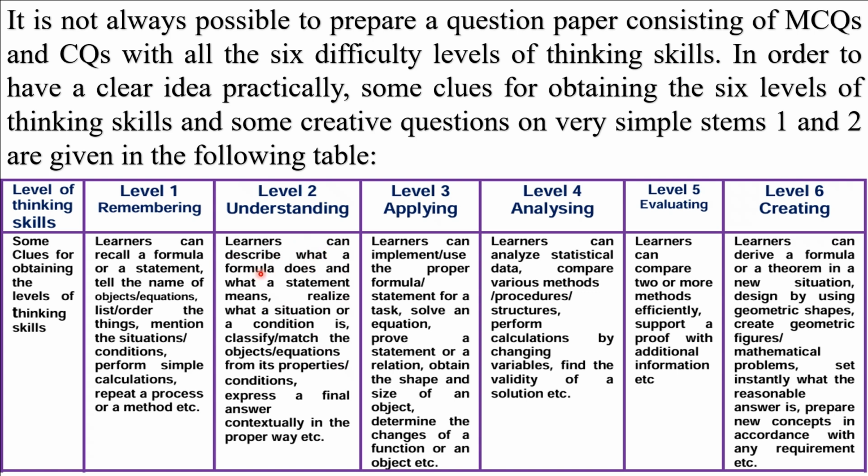Learners can describe what a formula does and what a statement means, realize what a situation or a condition is, classify, match the object's equations from its properties or conditions, express a final answer contextually in the proper way, etc.